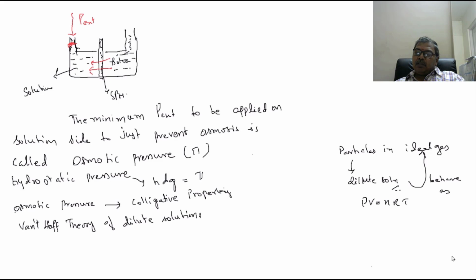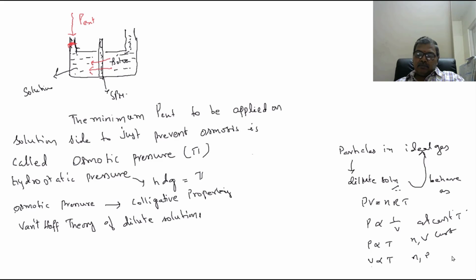See, P is proportional to 1 by V at constant temperature. This is Boyle's law. Similarly, P is proportional to T when n and V are constant. This is the pressure-temperature law. Volume of a gas is directly proportional to absolute temperature when n and P are constant.